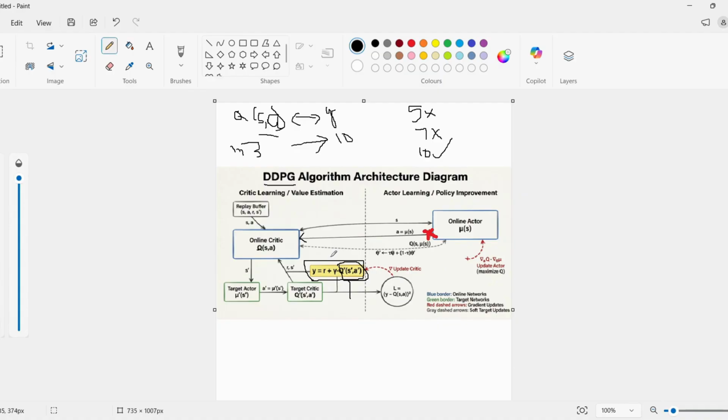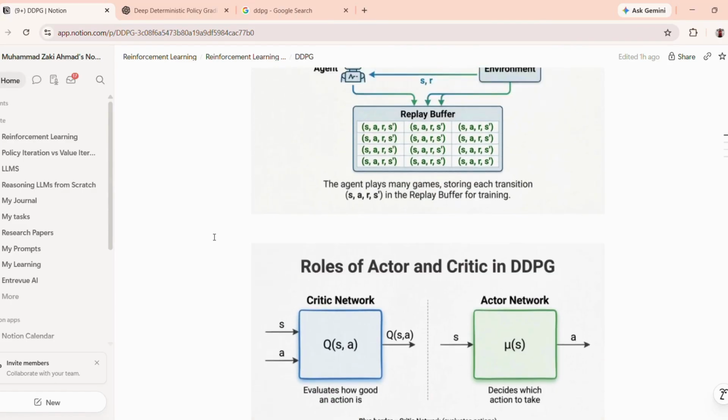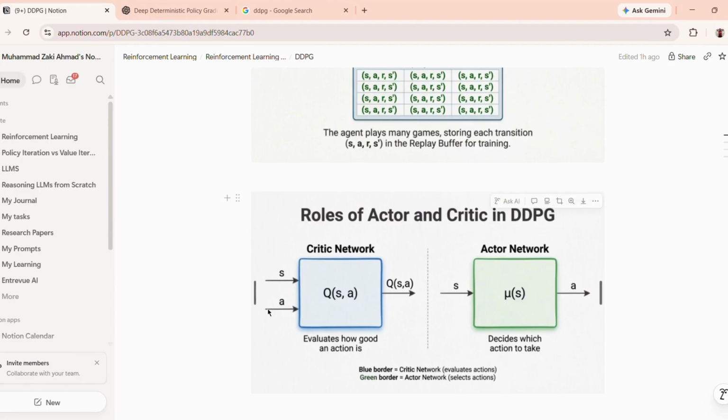We try to estimate it from what we already know. So now we have to think, is there any algorithm or anything I have that, if we give it a state and an action, is going to predict the q value for it? Think about it. Yes, we have. We learned that if I have a state and action pair and I want to predict the q value of it, I can use a critic network.